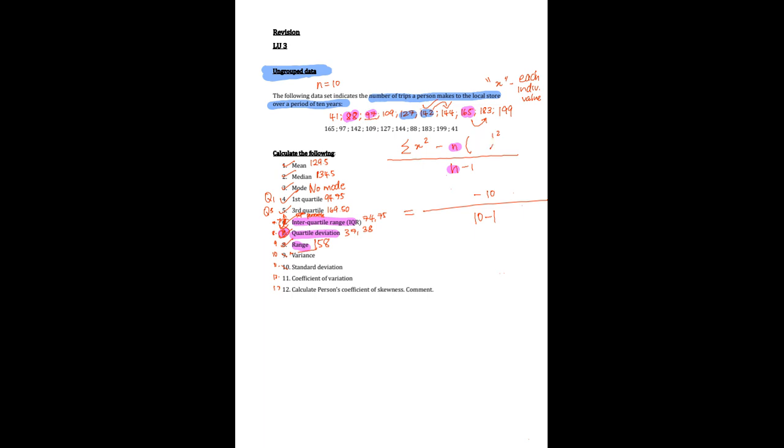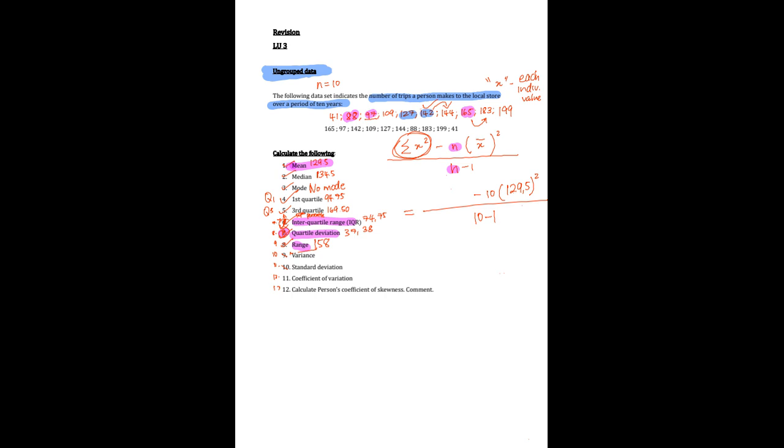Okay, so within the bracket, you have your mean squared. Your mean was already calculated in question 1, so you do not need to calculate that again. Your mean is 129.5. You will take that mean and plug it in here, and then it's squared. So essentially the only thing that we don't have here is the sum of x squared.